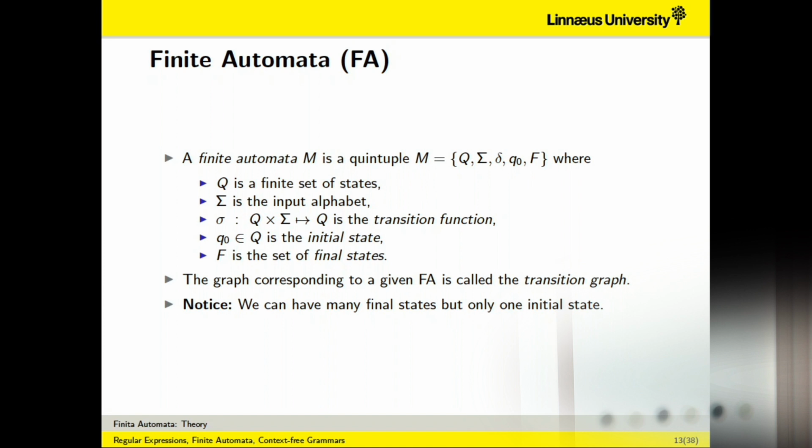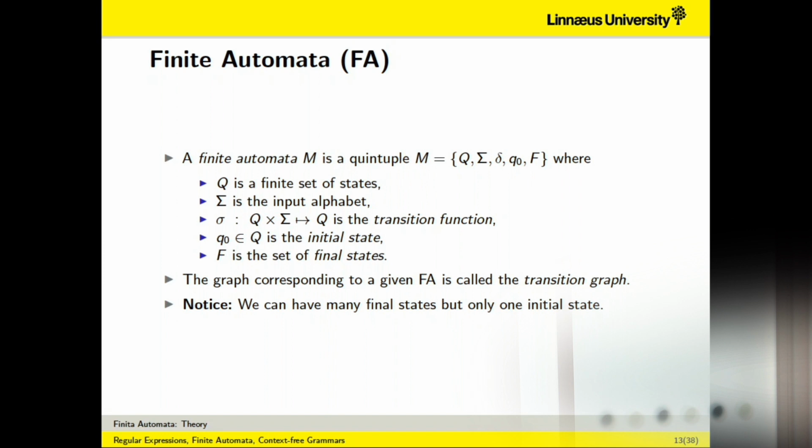However, to define this finite automata more formally, we use these 5 constructs, where Q represents a finite set of states. The states in your automata machine must be finite, limited. It cannot be an infinite number of states.